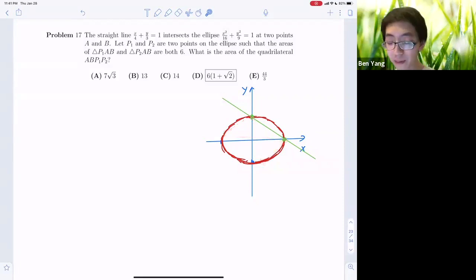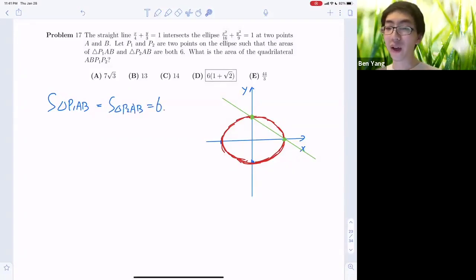So now let's try to figure out where P1 is and where P2 is. Well, the area of the triangle P1AB is equal to the area of the triangle P2AB, and that's equal to 6. But actually, there's a third triangle in this graph whose area is also 6. That is the triangle formed by the two intersection points and also the origin.